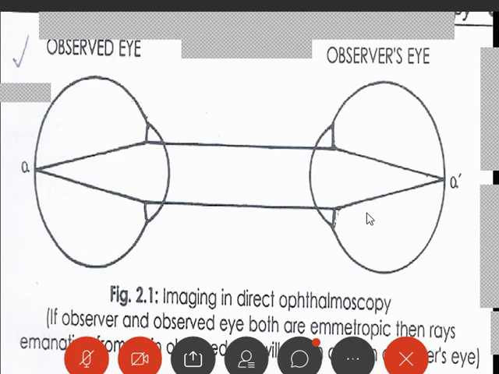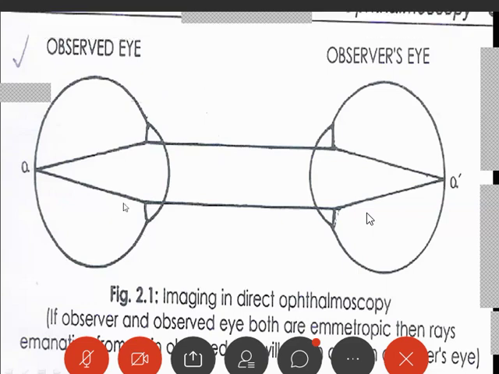Then I'll just tell you briefly about the principle of direct ophthalmoscopy. Normally, if we look directly into the patient's eye, we don't visualize anything because the inside of the eye is dark.